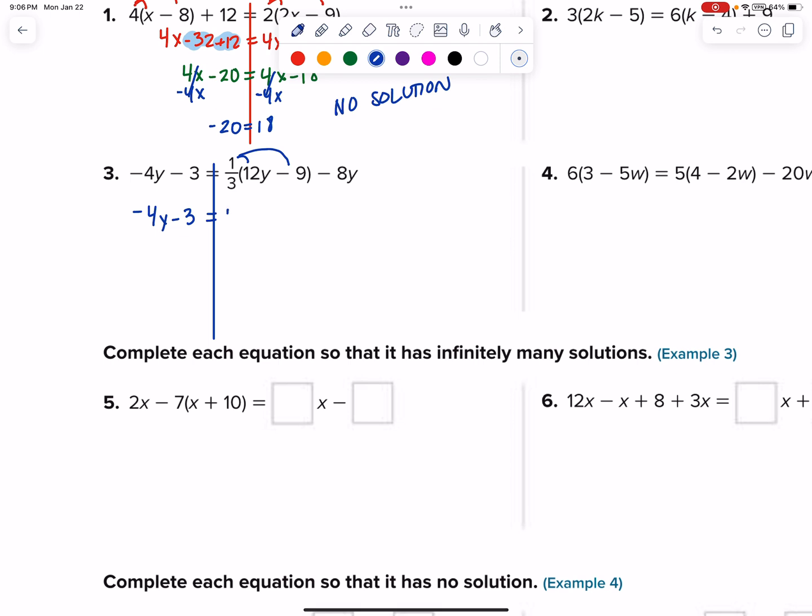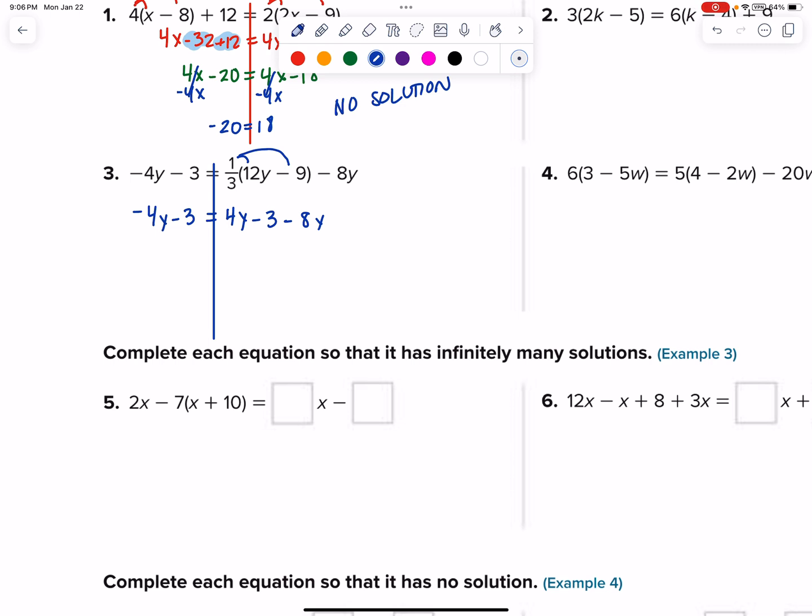So 12 divided by 3, that would be 4y. And then 9 divided by 3 would be 3. So minus 3. And then minus 8y.